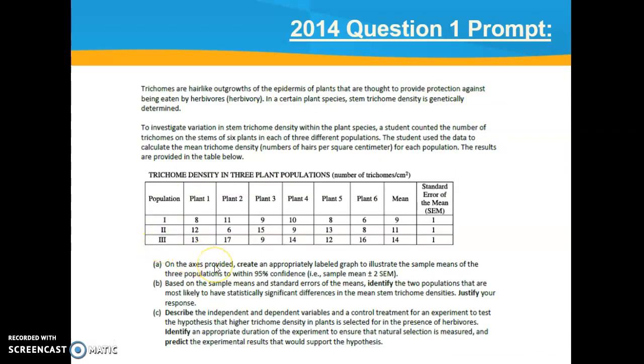We asked you to look at a graph. We asked you to analyze that graph using statistics. And we asked you to do experimental design, all right? So designing an experiment to test this. So this question is a beautiful example of what question 1 could possibly look like on the AP exam, okay?